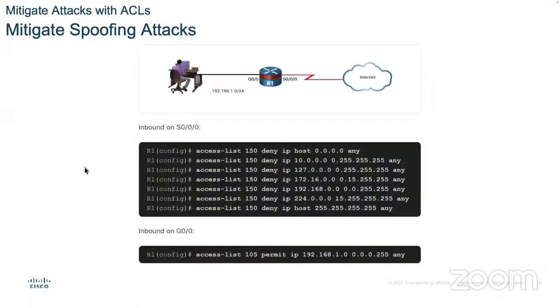ACLs are great to mitigate attacks like spoofing. IP address spoofing overrides the normal packet creation process by inserting a custom IP header with a different source IP address. There are many well-known classes of IP addresses that should never be used in traffic.